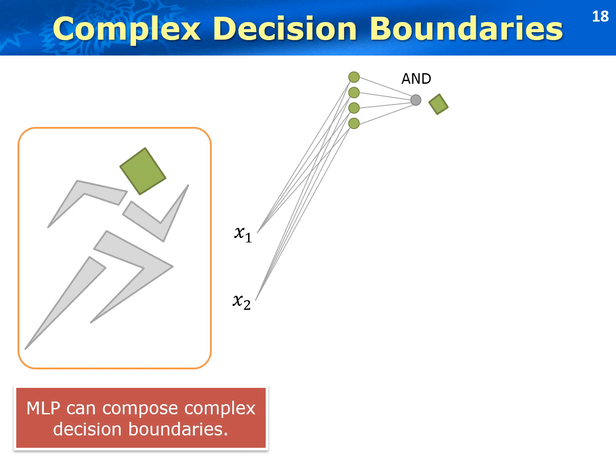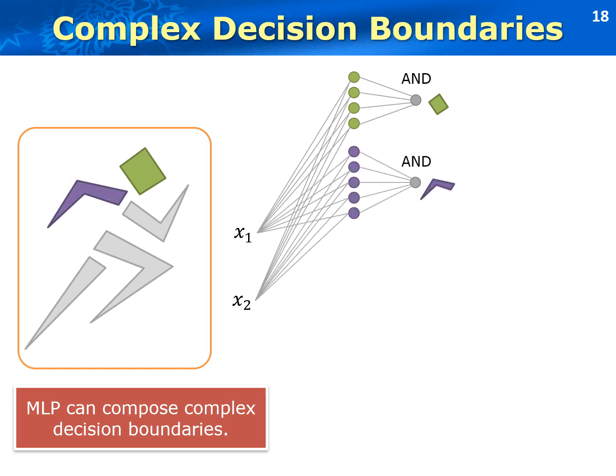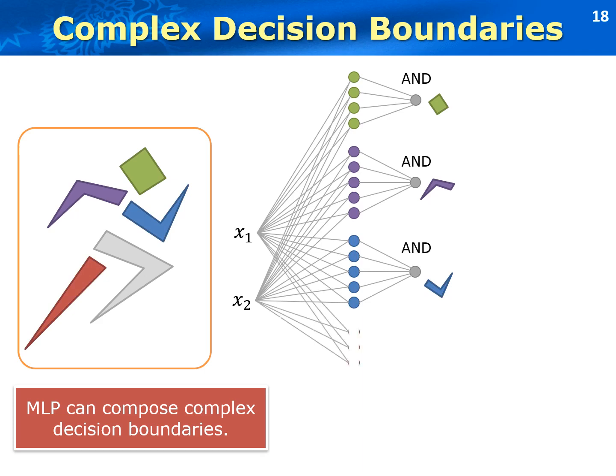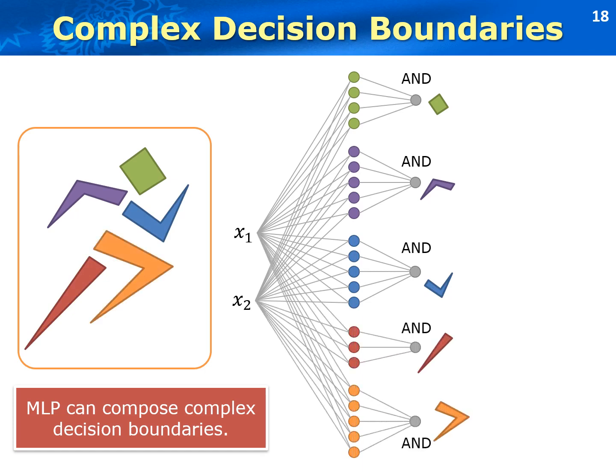Then, the purple arm of the athlete is a 5-sided polygon, corresponding to the 5 perceptron units, intersected by the AND gate. Similarly, we can depict the blue arm, red leg, and the orange leg of the athlete respectively. After each component is depicted, we use an OR gate to combine them together, which yields an athlete-shaped region.